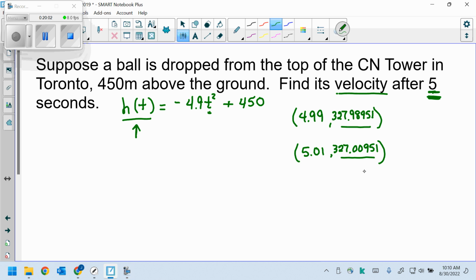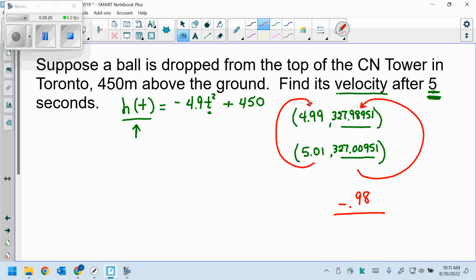Now if I take y2 minus y1, I think I get negative 0.98. And I divide that by x2 minus x1, or t2 minus t1. And I think if I do this correctly, I'm getting negative 49.